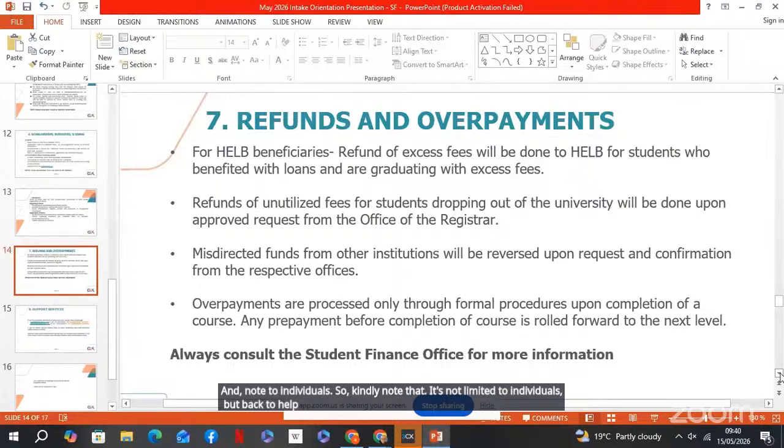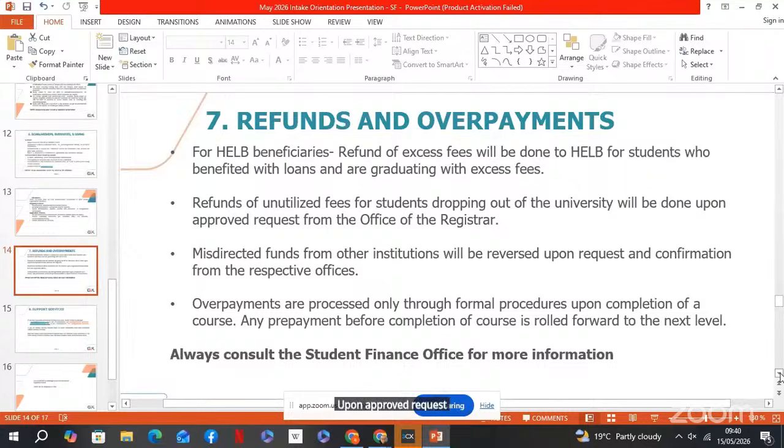And then the refunds of unutilized fees for students dropping out of the university will be done upon approved request from the Office of the Registrar.